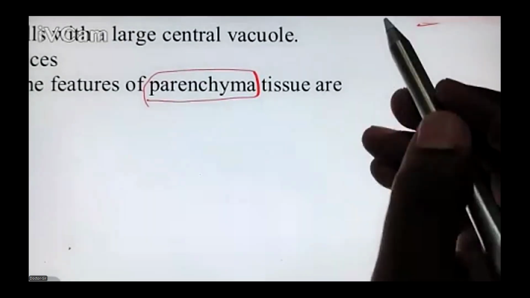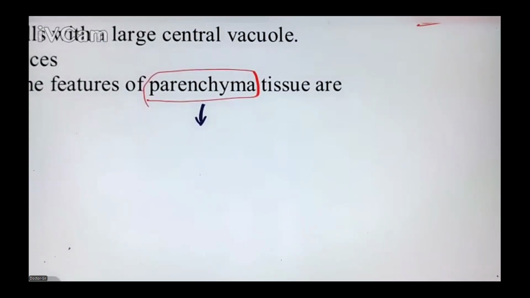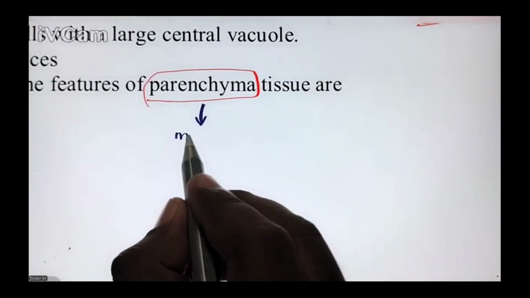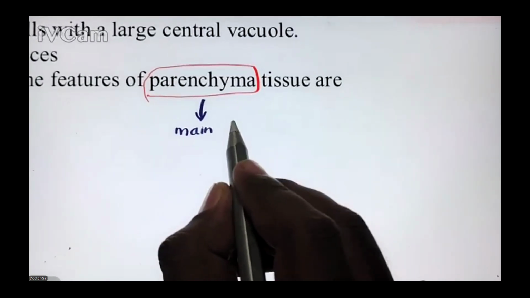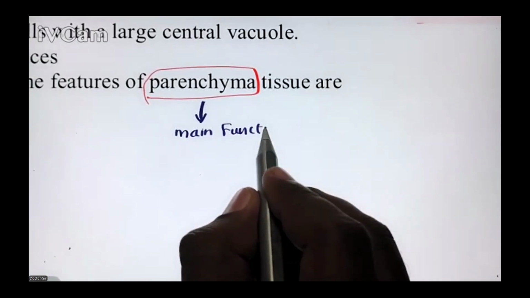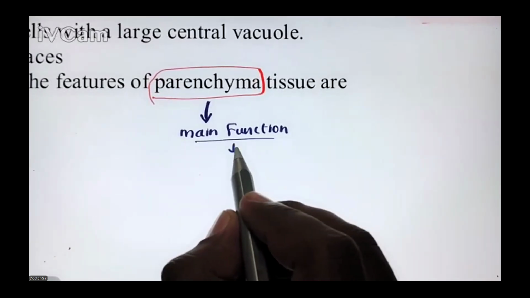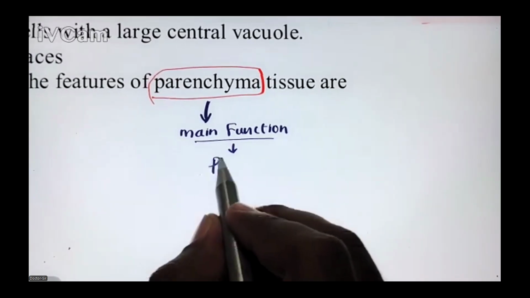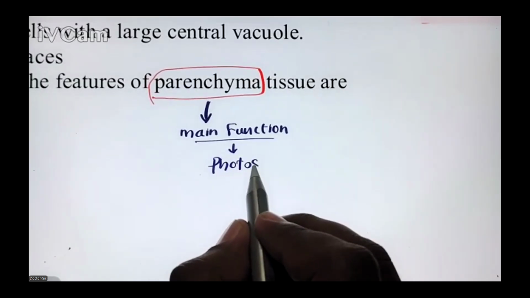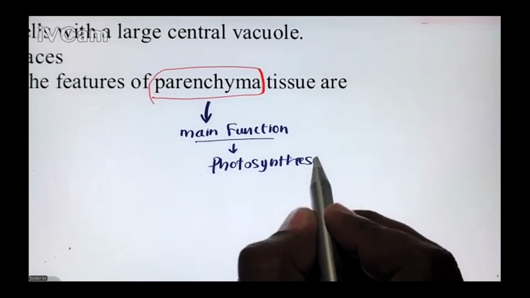Now tell me what are the main functions of the parenchymal tissues. The main function is photosynthesis. Now look at this photosynthesis.